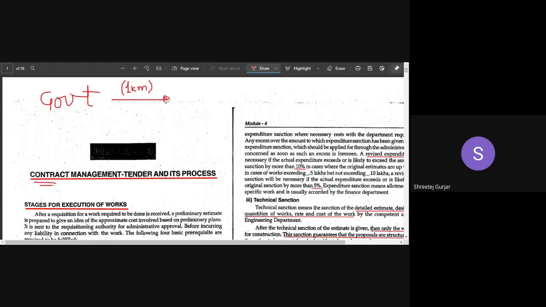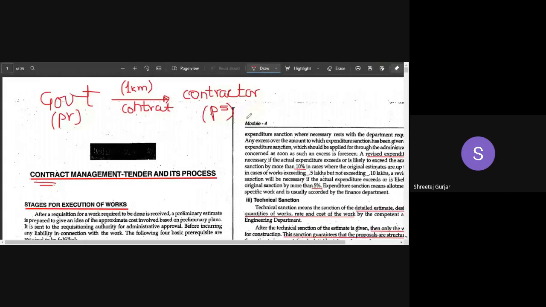So the government gives a contract to whom? It gives a contract to the contractor or the builder who is going to build the road. So the contractor is the promisee, and the government is the promisor, right? This is how we identify who is the promisor and who is called the promisee.